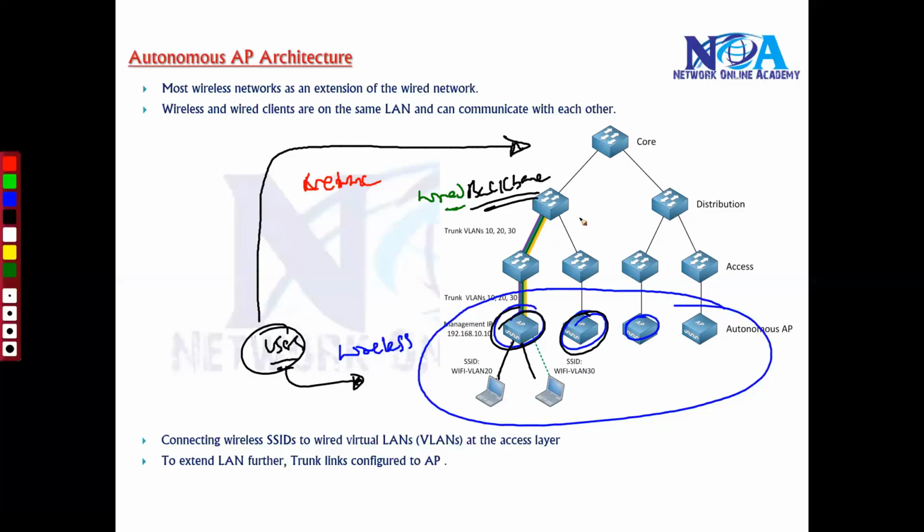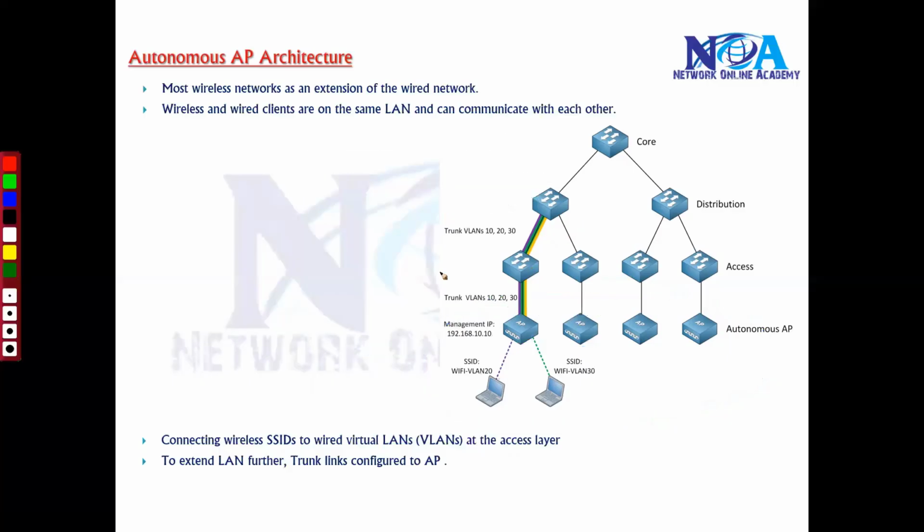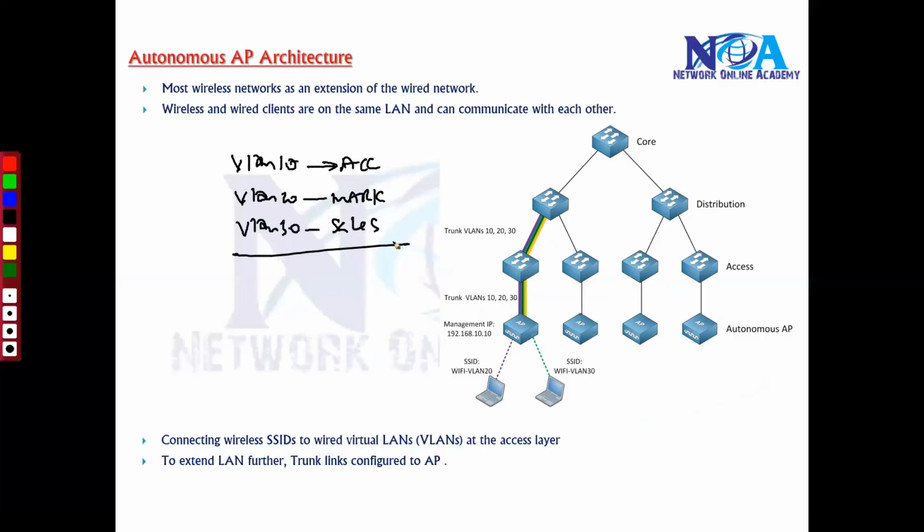And on the wired network, you have multiple VLANs. Take an example: in your company, you have multiple departments. Let's say VLAN 10 is the accounts department, VLAN 20 is the marketing department, and VLAN 30 is the sales department.